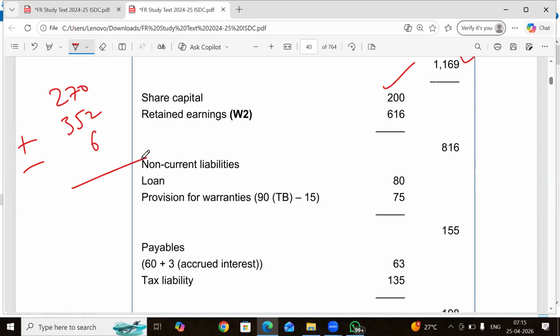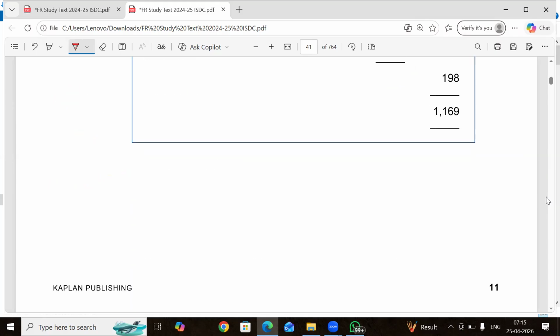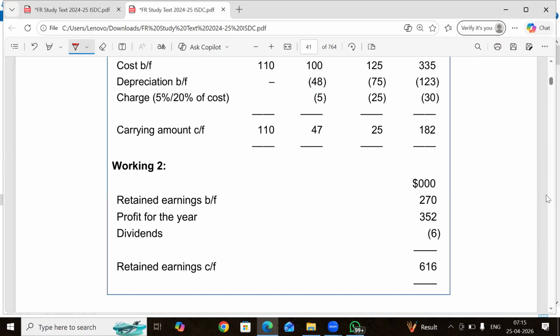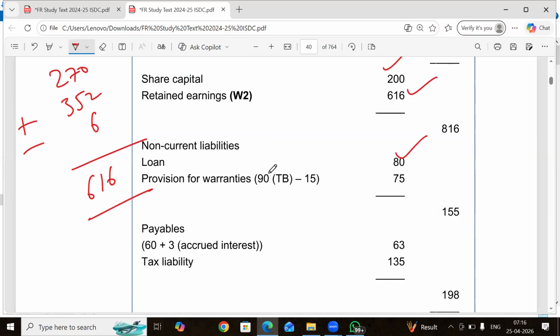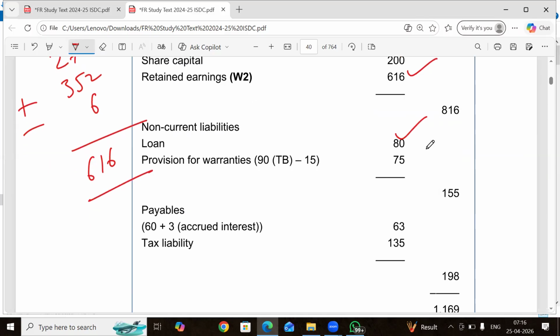How much are you getting? Anything else to be added? $270 plus 352 minus 6, 616. Loan 80 already borrowed, and provisions has to be 75.